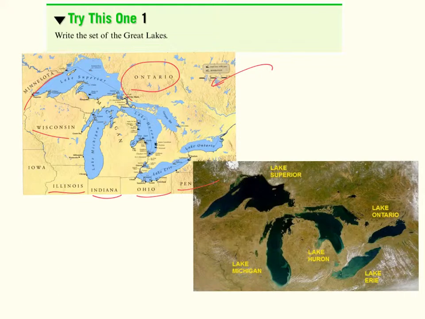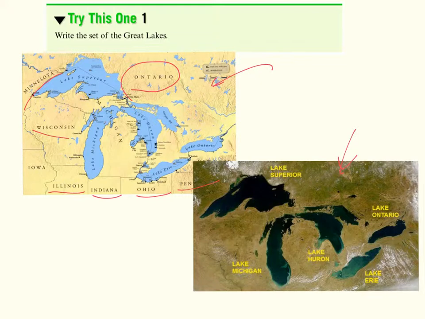It's quite a review of geography to see all the states around the Great Lakes. The map at the bottom is a satellite picture of the Great Lakes, and the 5 big ones are listed here.